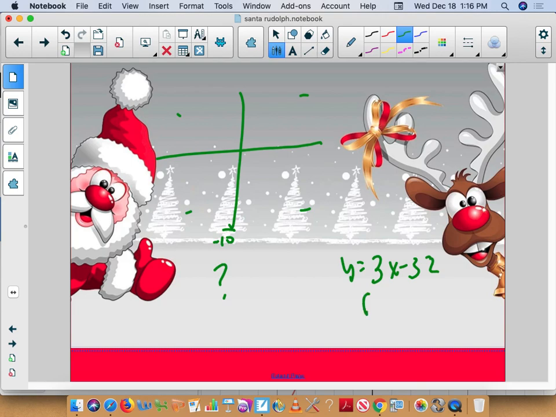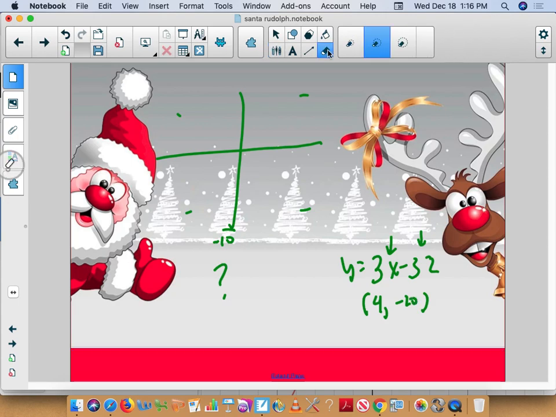For instance, if I fill in 4 for x, that gives me 3 times 4, which is 12, minus 32 is negative 20. I'm still not on that graph. So I'm going to put in a bigger number out here like 8.